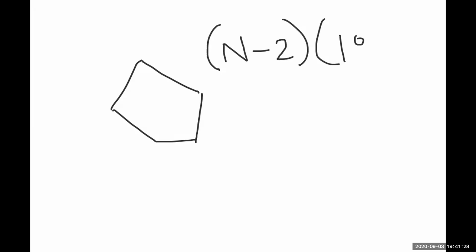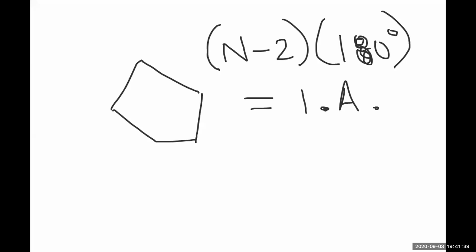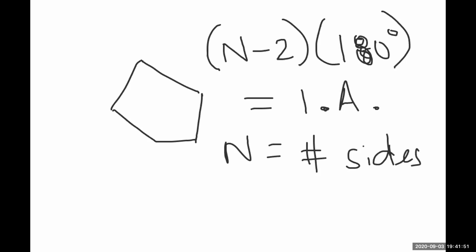It's not too secret because it's on your cheat sheet: n minus 2 times 180 degrees equals IA, interior angle. n is the number of sides of the polygon. The polygon has to be closed, okay?